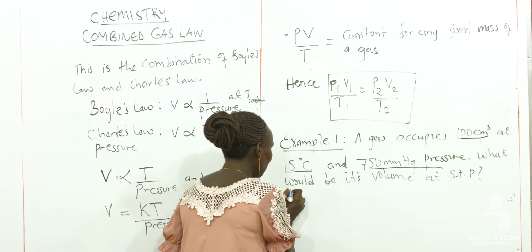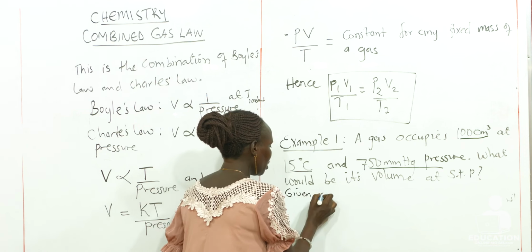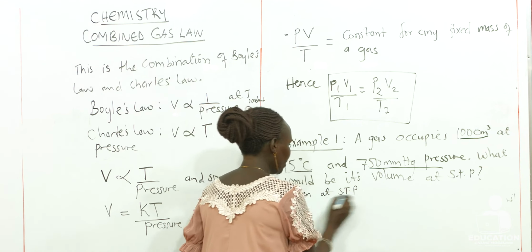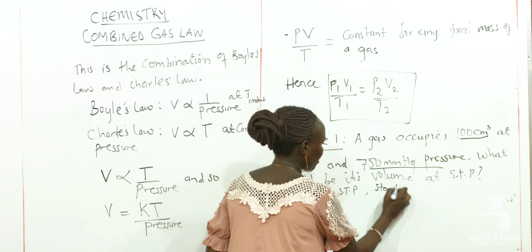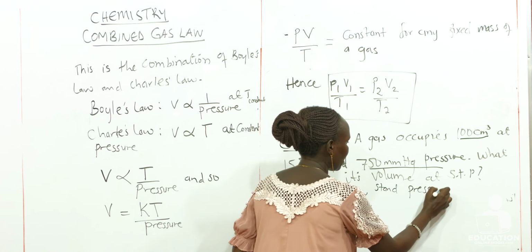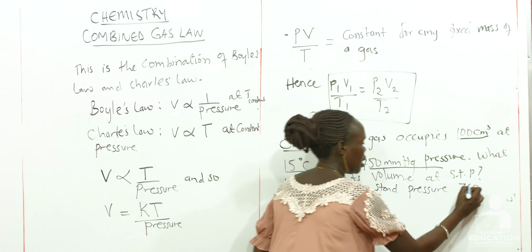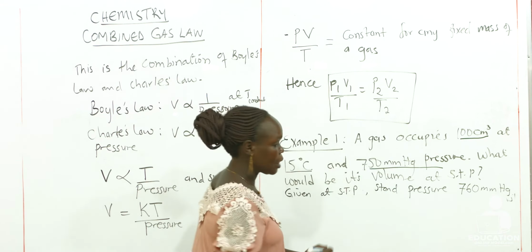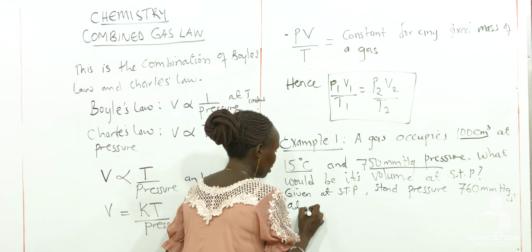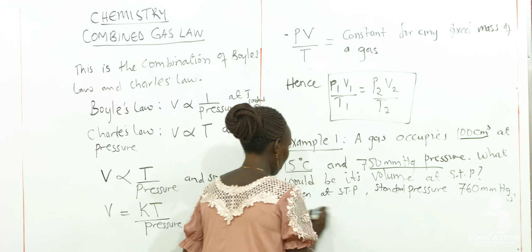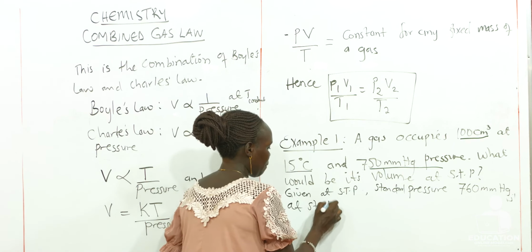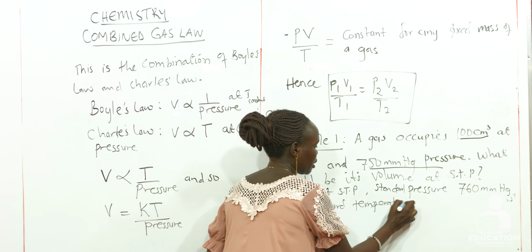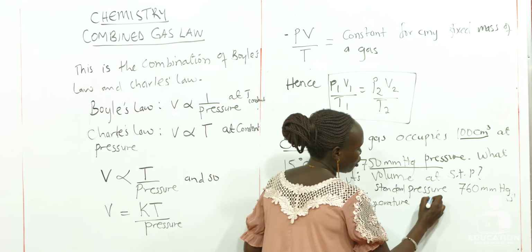Here, given the standard temperature and pressure, the standard pressure is 760 millimeters of mercury, and the standard temperature is 0 degrees centigrade.